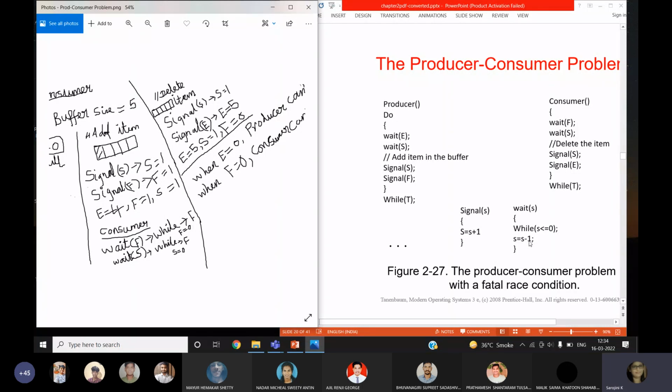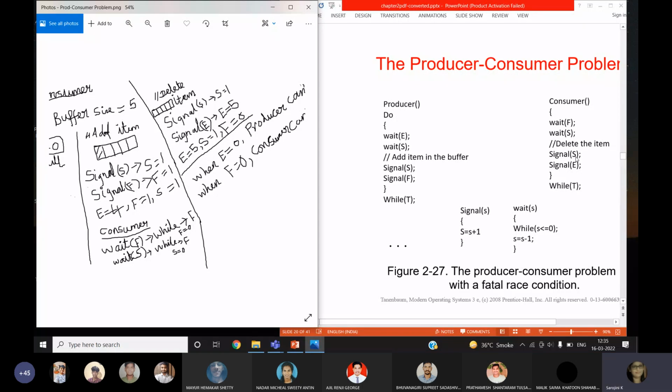Then it goes inside the buffer and deletes the item. There is an item to delete, no? Because the producer produced one item. So that item is consumed by this consumer. After consuming, it will execute signal, which will increment S by 1.